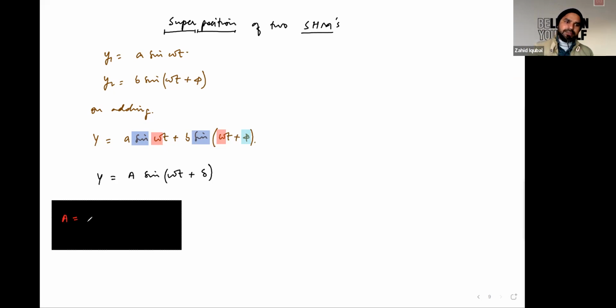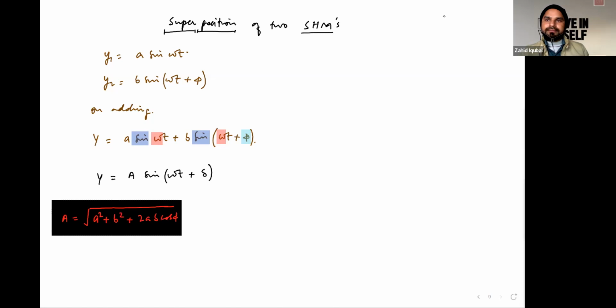So A is equals to, according to the concept of resultant of two vector, root under a square plus b square plus 2ab cos theta. So in this part, we can say a square plus b square plus 2ab times cos phi. So this is how to calculate amplitude related to this part.